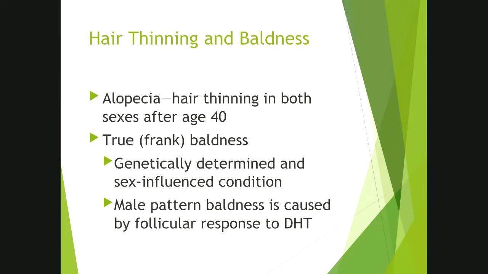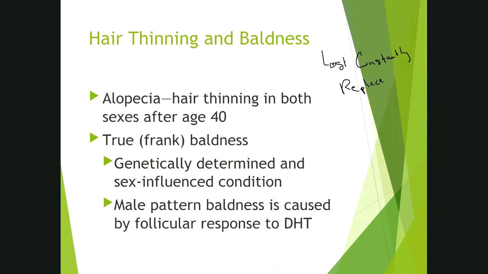Another thing that can happen to hair is it is lost. Hair is lost constantly. But what usually happens is we replace the hair at the same rate at which it's lost. And so we keep the hair we have.